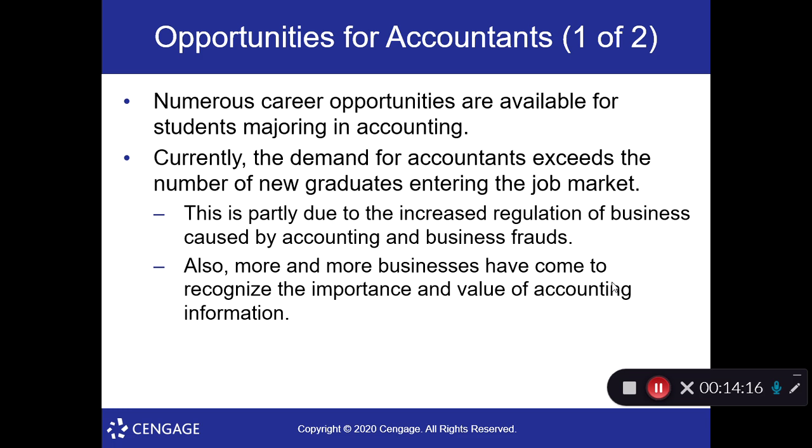So due to this regulation, there became a lot of employment opportunity, and a lot of businesses have just come to accept the inevitable. Accounting information is important. You can do good work day in, day out. You can make money day in and day out. But if you can't show it to people in a usable format, then a lot of your triumphs might not be recognized.